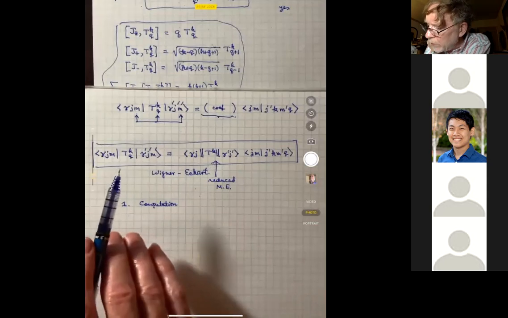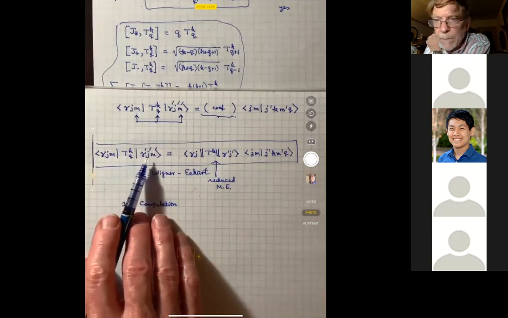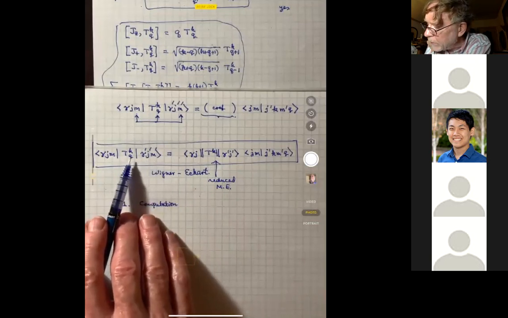Well, one thing you can do is evaluate this matrix element over here for just one value of M, Q, and M prime. You choose the ones that make it easiest to evaluate the answer. Just do the integral if you have to. Choose values so that the answer is non-zero. Do that, and you get the value on the left-hand side for a particular choice of magnetic quantum numbers.